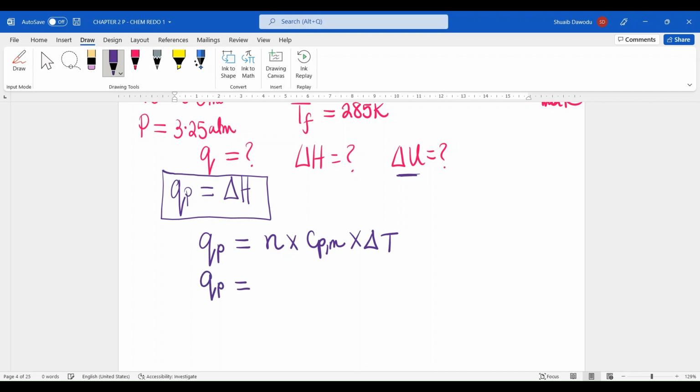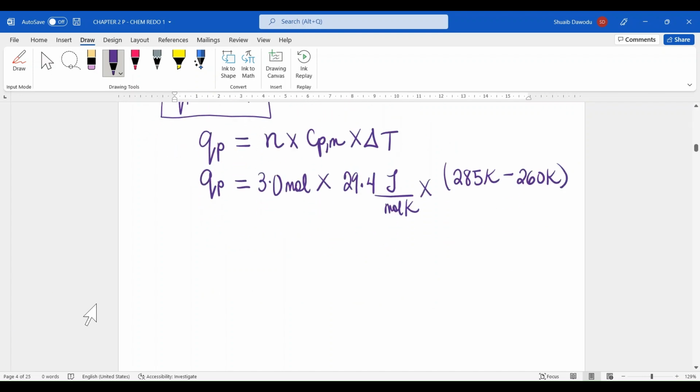So Q sub P is 3.0 mole times 29.4 joule per mole Kelvin times the change in temperature, 285 Kelvin minus 260 Kelvin, which is 25 Kelvin.